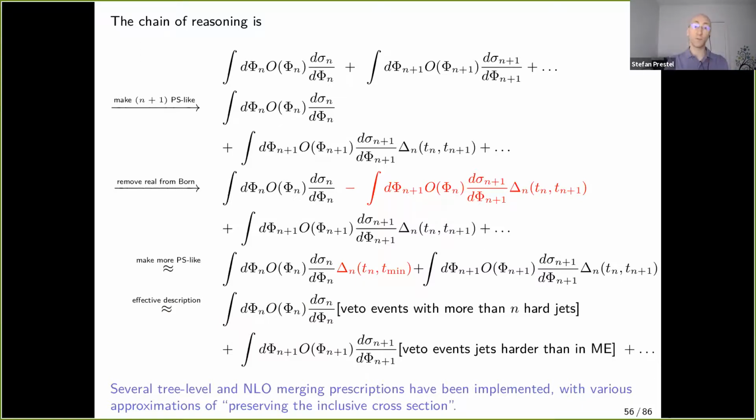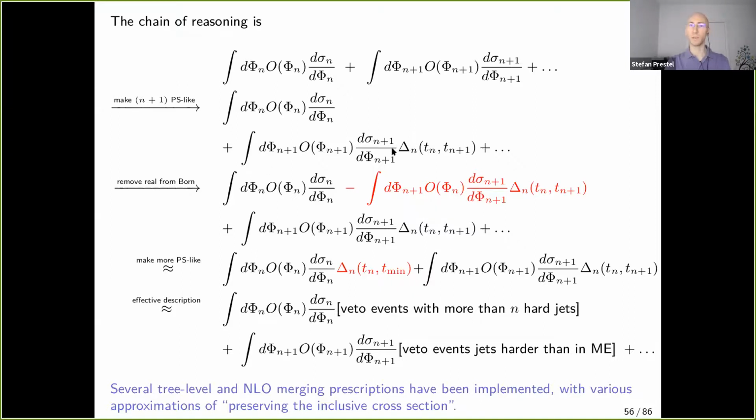So again, the chain of reasoning is you pre-calculate a differential cross-section at a certain accuracy that you're interested in for an n-body state, n+1 body state. Then you make this n+1 body state parton shower-like.